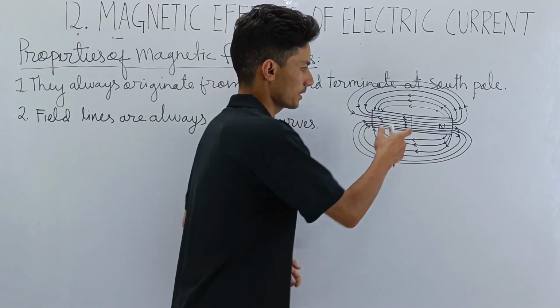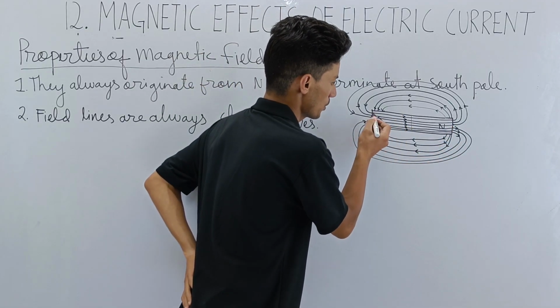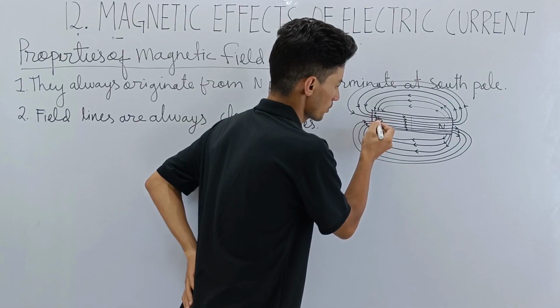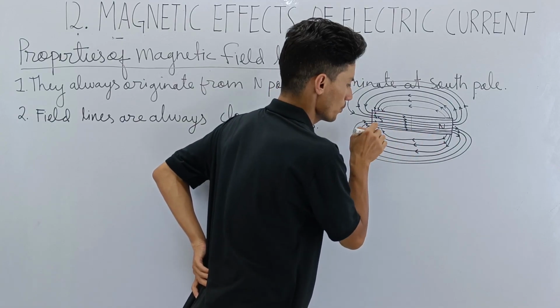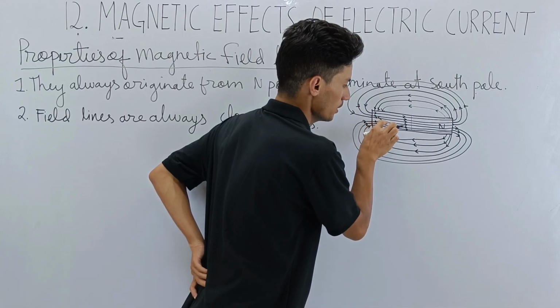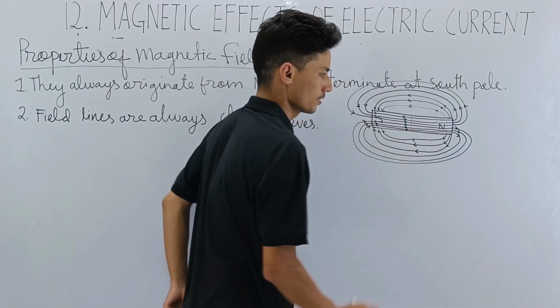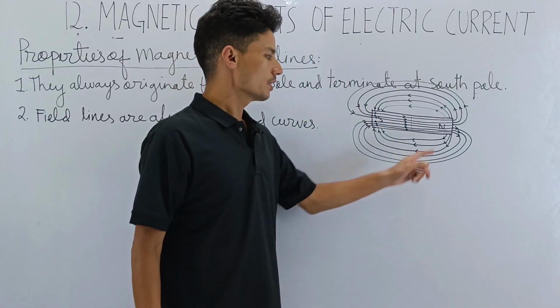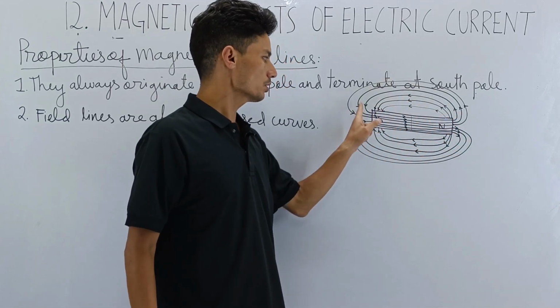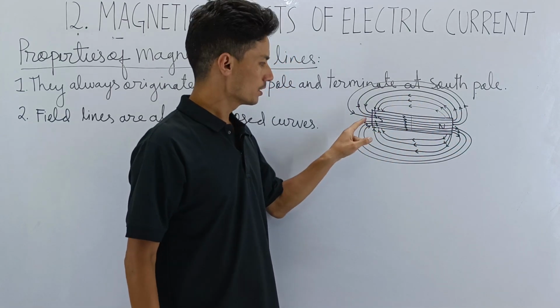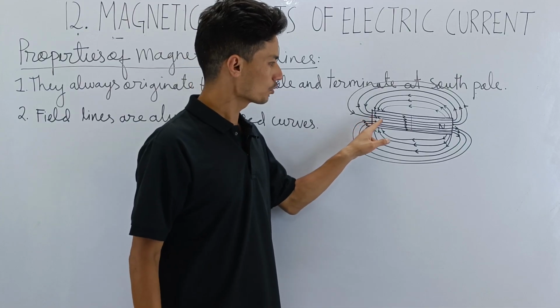Whereas inside the magnet, we are talking about these lines, which are parallel with each other. This is the southern end, and they are moving towards the northern end. So you have to remember, outside the magnet the field lines move from north to south, but inside they move from south to north.